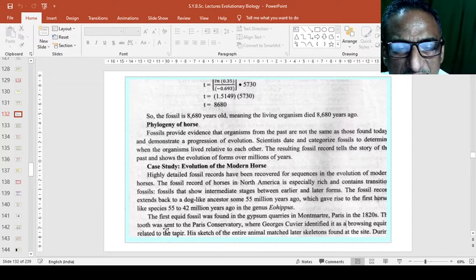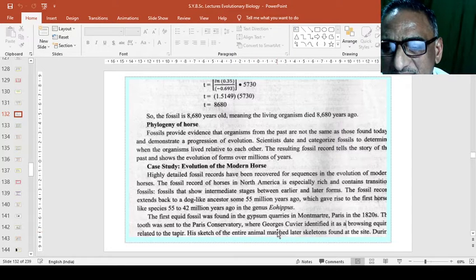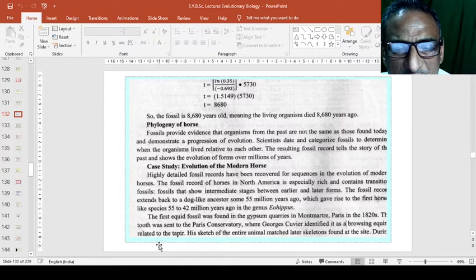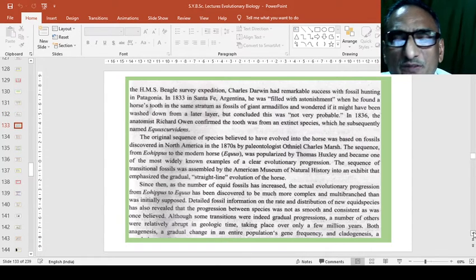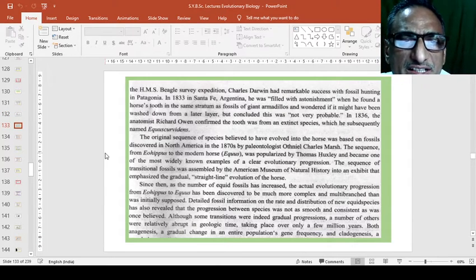The tooth was sent to the Paris Conservatory, where Georges Cuvier identified it as a browsing equine related to the tapir. The tapir is an animal which looks like the horse, and the skeleton matched that particular animal from where it was collected.